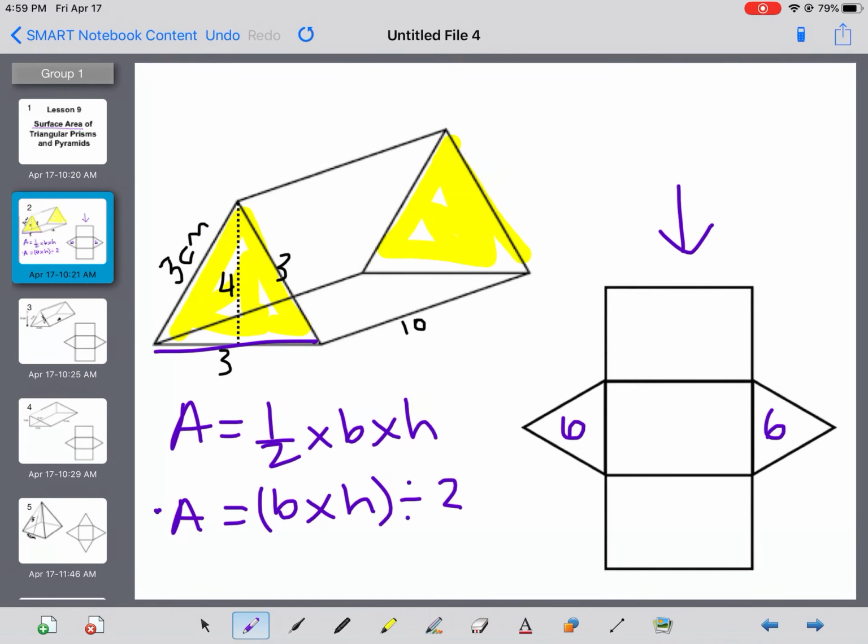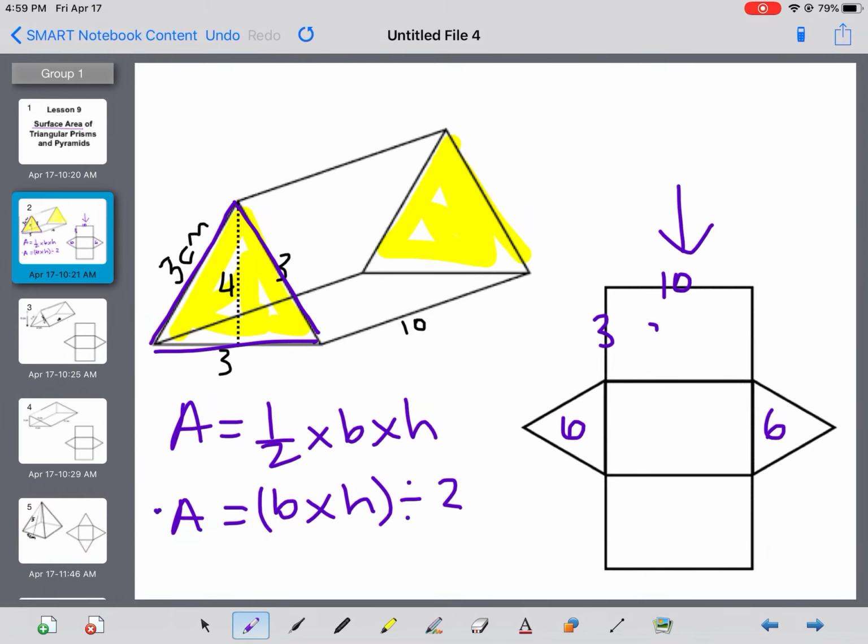So I can already fill that in on my net over here. All right. Now, because the triangular face of this triangular prism is equilateral, which means all three sides are the same, all three rectangular sides of this shape are also going to be the same. So what that means is all of them are going to be rectangles that are 3 by 10.